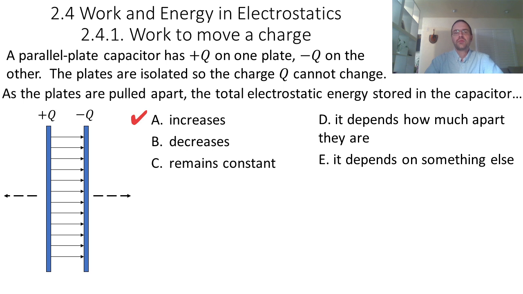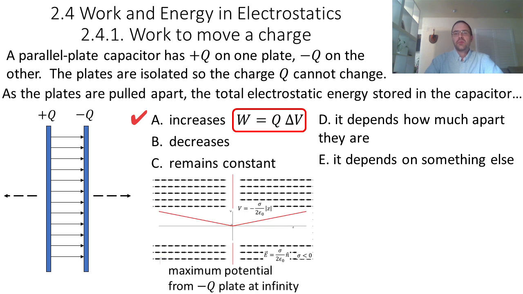Now, if you want to put this in the context of what we just discussed, the positive plate will increase its energy if it is in a higher potential. Where is the maximum potential from a negative plate? It is at infinity. So for the positive plate, it will have higher energy at infinity from the negative plate.